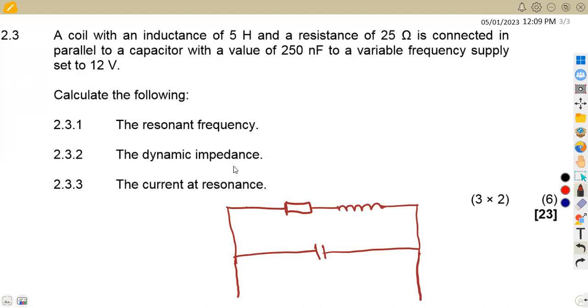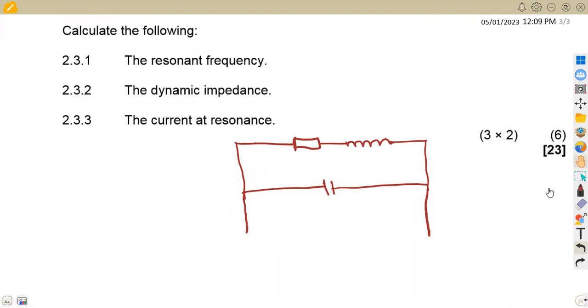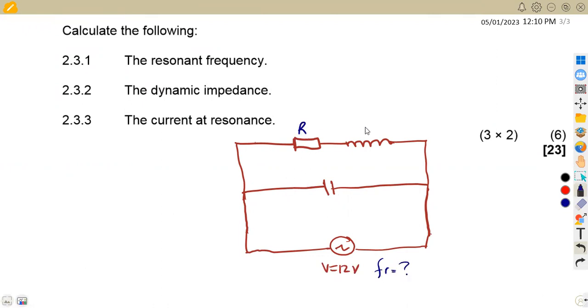So from this part, we are now given that it is connected to a variable frequency supply set to 12 volts. So this is the voltage supply that we are having in this case. So our V, that is 12 volts, and we are having a variable frequency, that is the resonant frequency that we do not know in this case, the resistance and the inductance and our capacitance in this case.